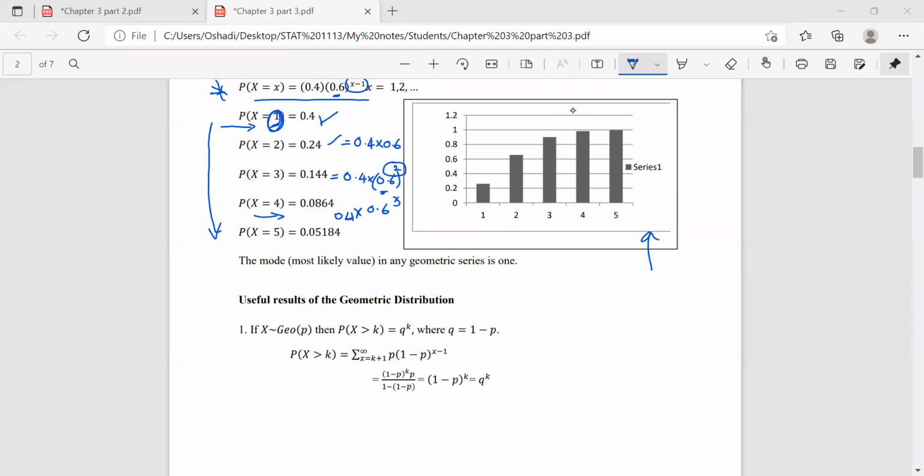So it should be greater than 7, that means 8, 9, and 10. So the probability of x greater than 7 equals the probability of x greater than or equal to 8.